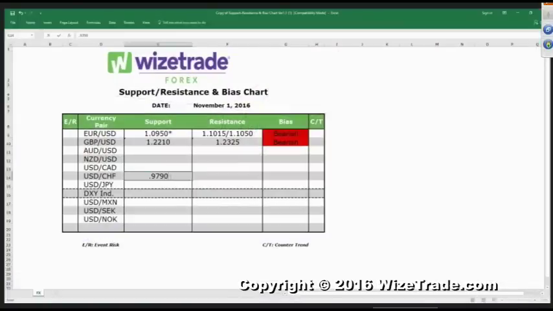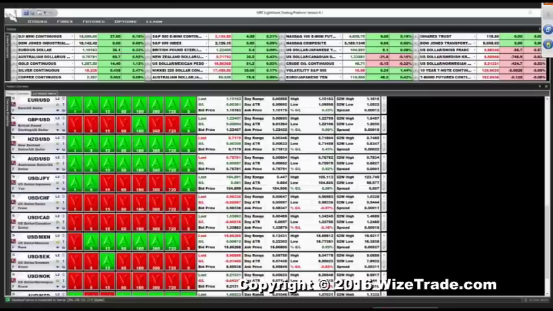The euro is at the 110.13 area. That means it is at the 38% retracement right now. Euro dollar new highs. Aussie new highs.